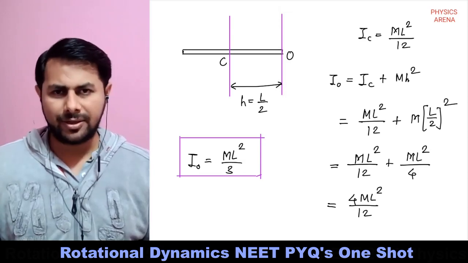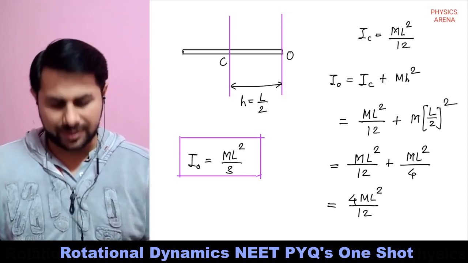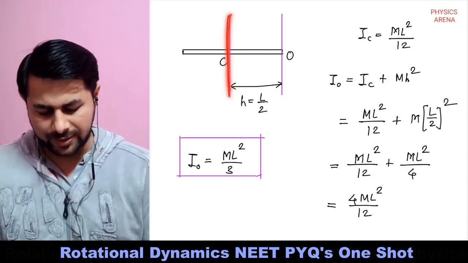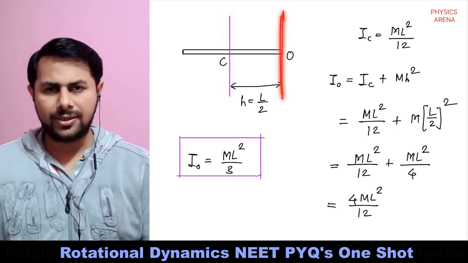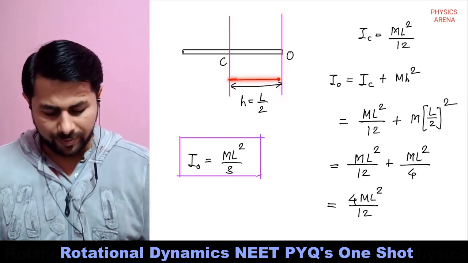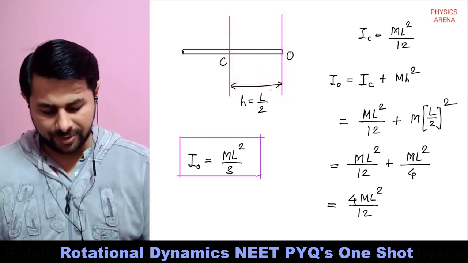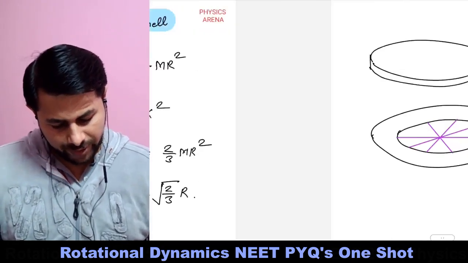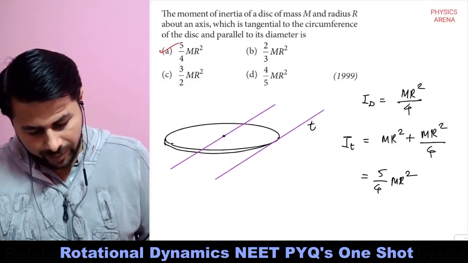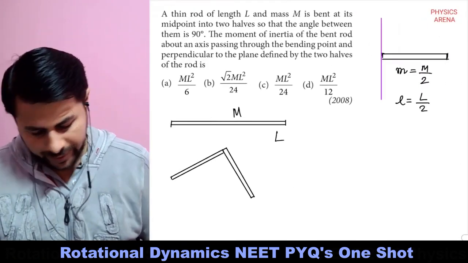Using the parallel axis theorem, the moment of inertia about the center axis is ml square upon 12. About this axis, it is ml square upon 12 plus mh square, where h will be l by 2. So it is ml square upon 3. We have solved this, so we can directly use that.